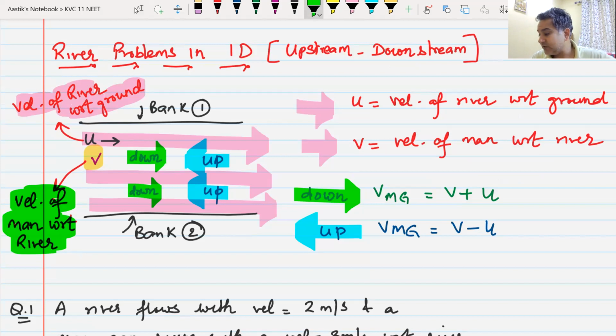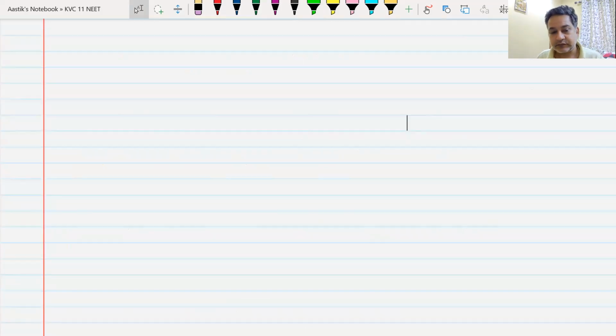Now, the same thing is going to come, because now we are going to deal with the crossing river problem. So we'll call it river crossing problems.